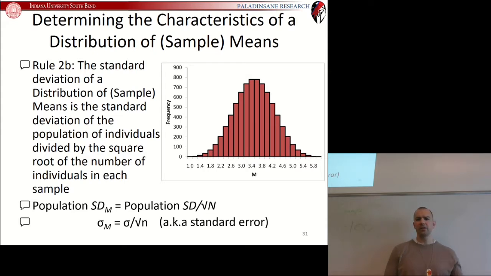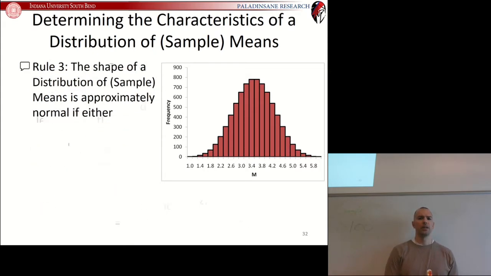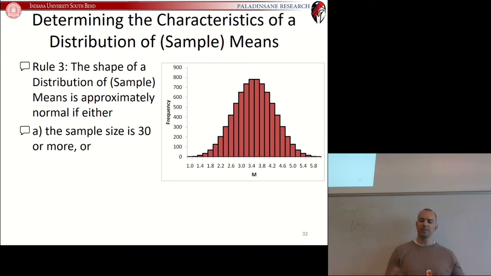All right, and then the final step, rule number 3, that one's pretty easy. The shape of your distribution of sample means is going to be approximately normal if either of the following is true. So either your sample size is 30 or more. Different people have different cutoffs. The cutoff in your textbook is 30.